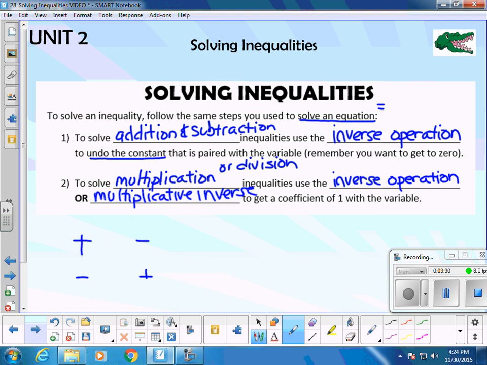And that just simply means that if I give you 1/2, you're going to multiply by 2/1. That's all that you're doing, and that's so we get a coefficient of 1.